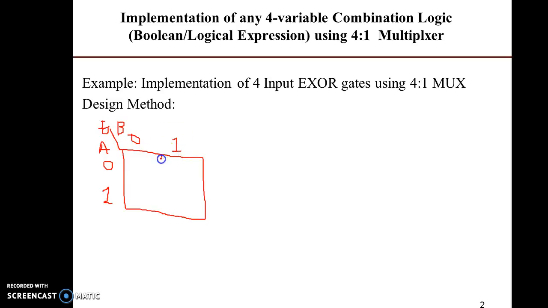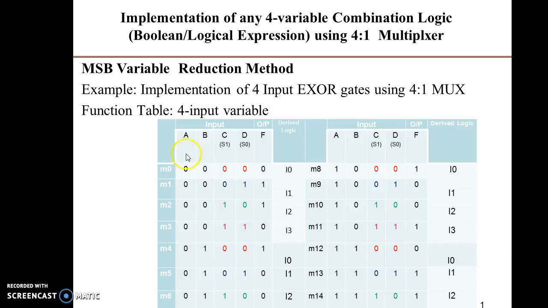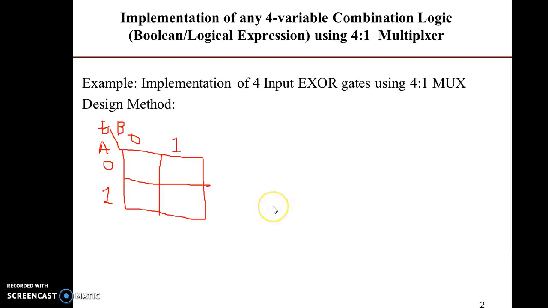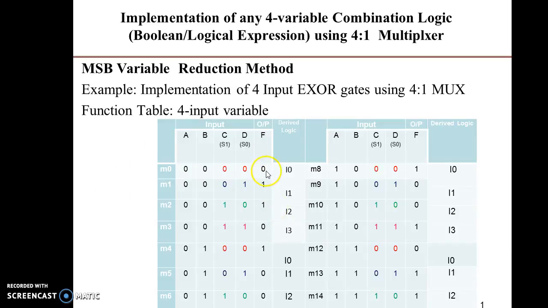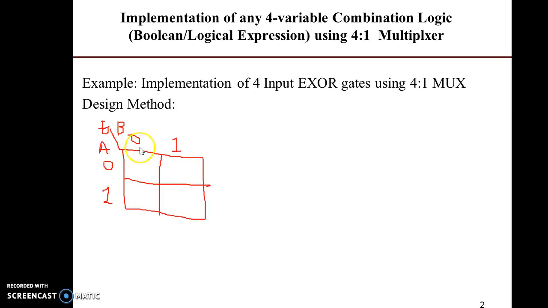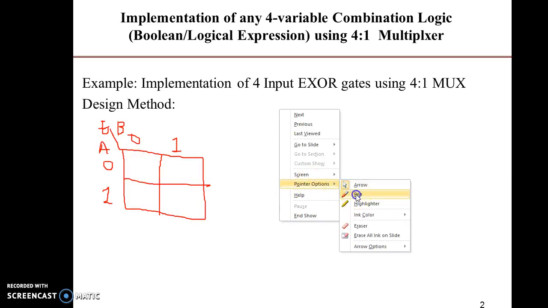Based on this binary logic, I can divide this square into 4 subgrids, so I generate 4 cells. According to this table, if A and B become 0 0, the output of my 4-input XOR gate becomes 0.